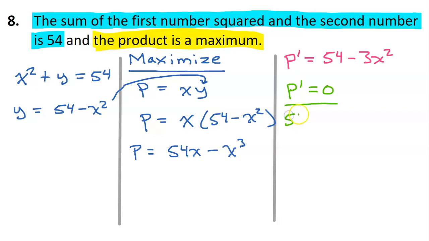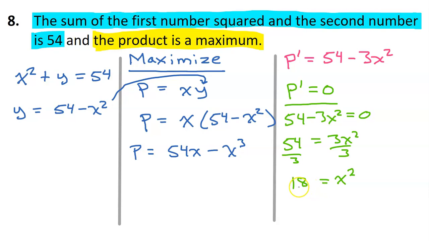So we have 54 minus 3x squared is equal to 0. Adding 3x squared to both sides, we have 54 is equal to 3x squared. Dividing both sides by 3, we have 18 is equal to x squared.